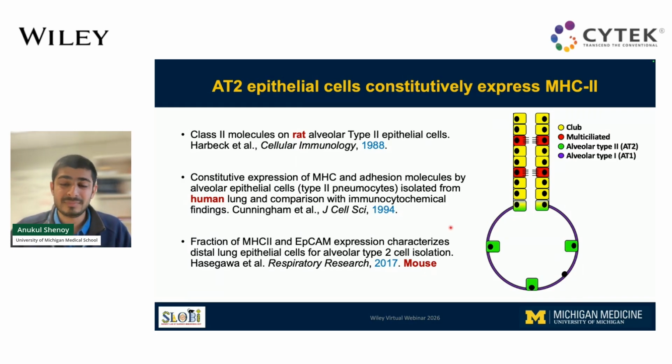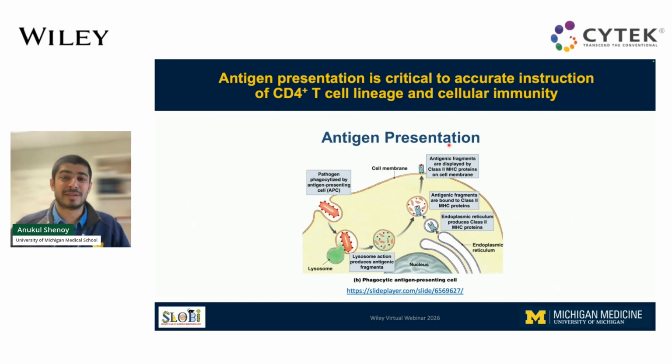And why am I really interested in asking this MHC class 2 question? Well, it's because of its most important role in communicating from the innate immune response to the adaptive immune response as part of antigen presentation. So for the non-immunologists in the audience, I'll give you a brief spiel on antigen presentation.